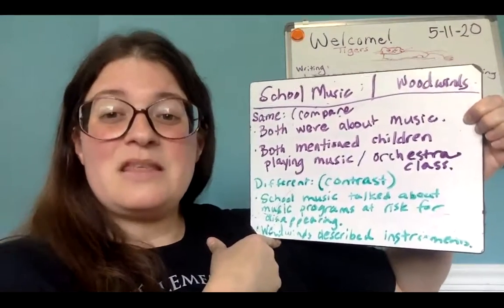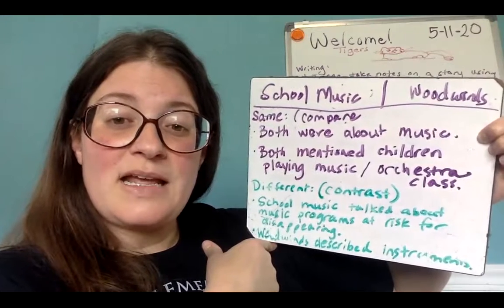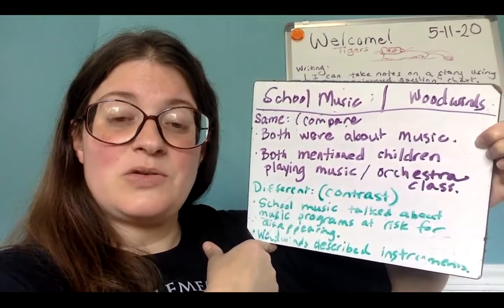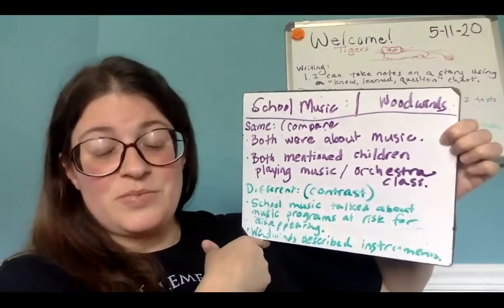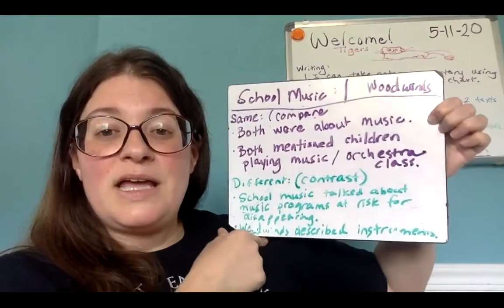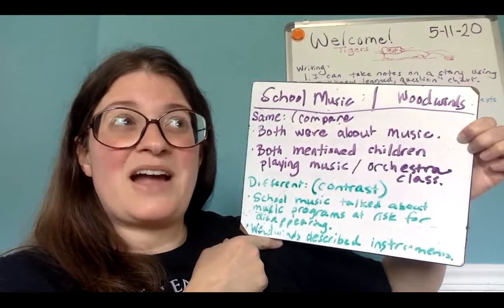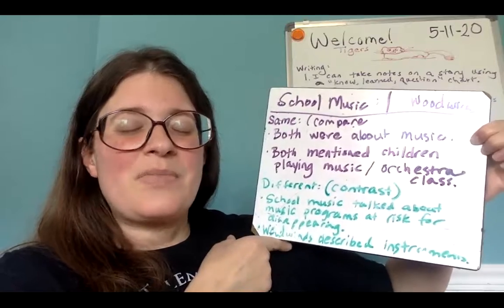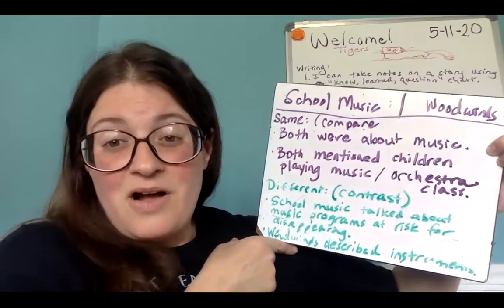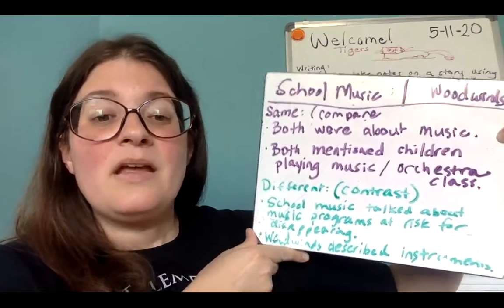So it seemed like the author might have had a different purpose for writing that piece, maybe to convince people to think about the importance of musical programs in school and why it's important that we keep them going, and maybe some factors that go into why they might be a hard thing to have because of the cost and the time it takes to invest in them.